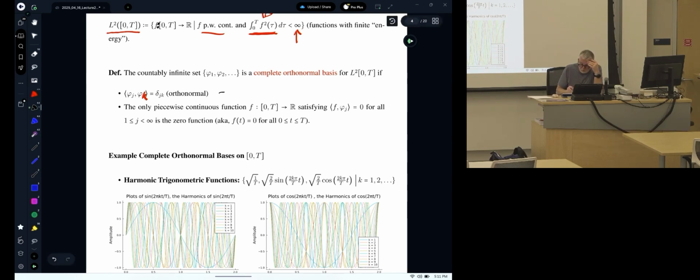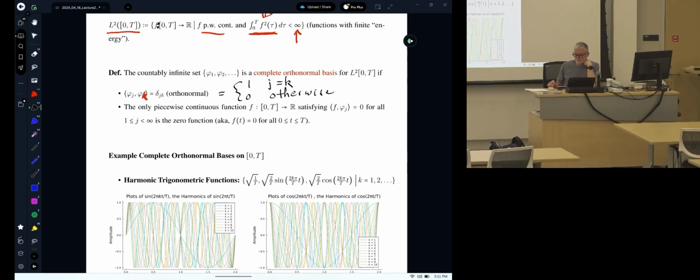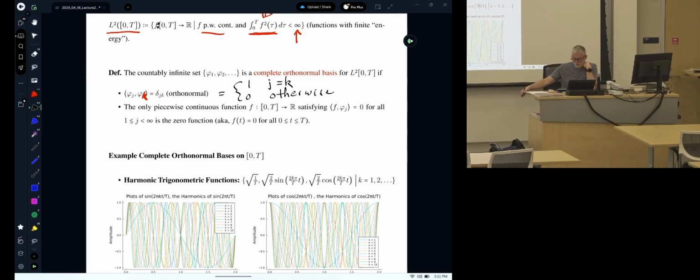So this equals 1 if j equals k, 0 otherwise. Okay, so it's a compact way of saying that a bunch of vectors are orthonormal. And then the other piece we're adding in the definition is that the only function that is orthogonal to all of the basis vectors is the 0 function. That's the completeness.